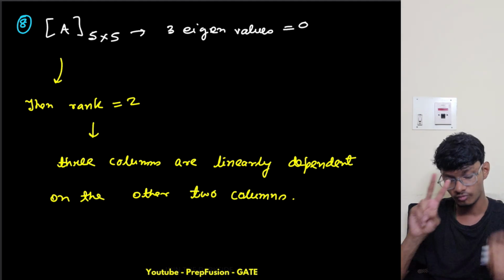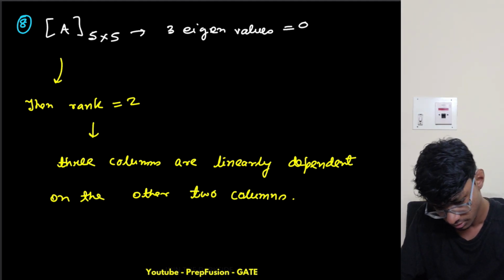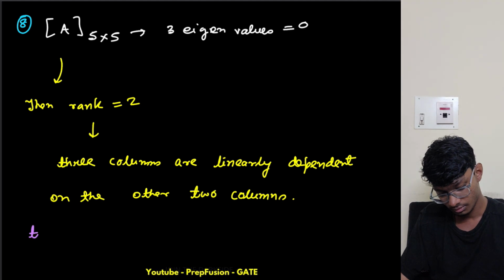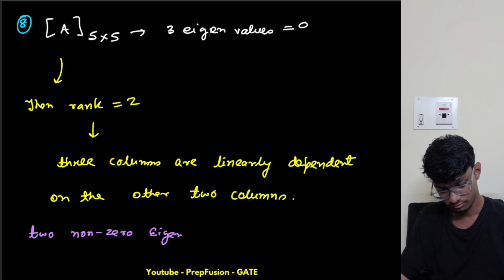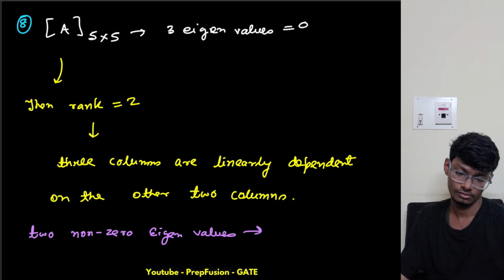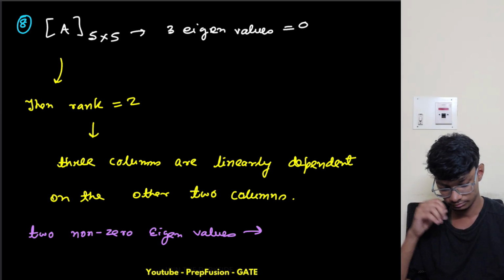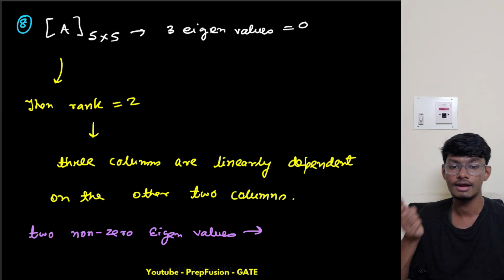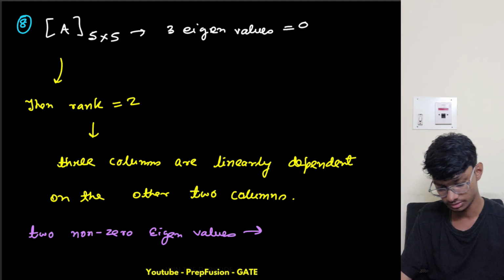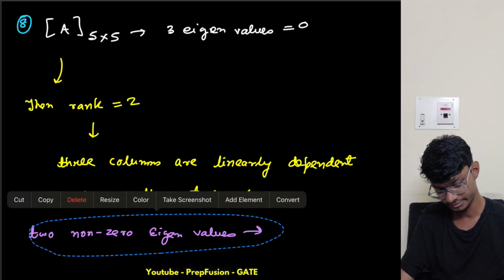As we have only two non-zero eigenvalues, we'll have simply two vectors which are linearly independent. Let me write this on the next page. I don't have enough space here.